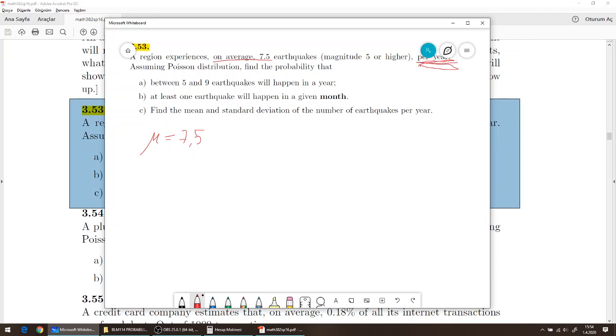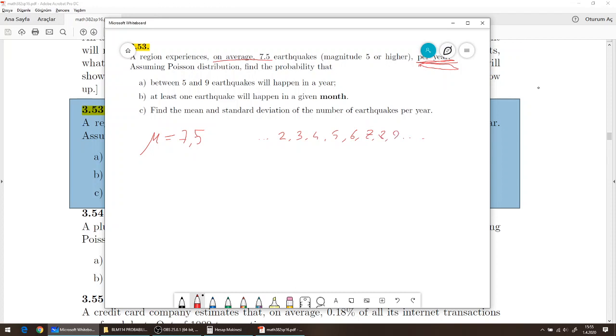Assuming Poisson distribution, find the probability that between 5 and 9 earthquakes will happen in a year. Between 5 and 9 means 6, 7, 8, 9, and so on.